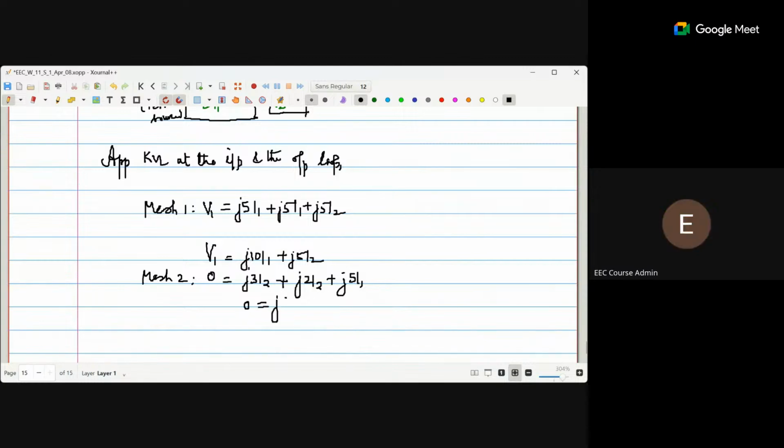0 equal to J5 I1 plus J5 I2, so I1 equal to minus I2.